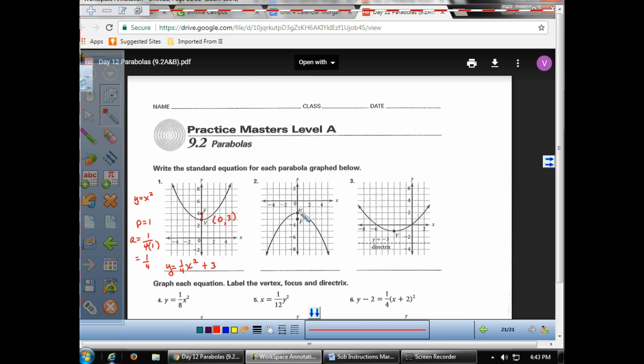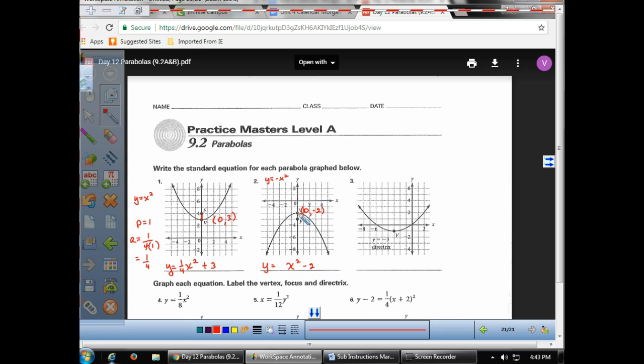Okay, the next one opens down, and the vertex is at (0, -2). And I know that it's going to be in the form y equals -x squared. So I'm just going to say y is equal to, and I'll come back and do the negative in just a second. And then I have x squared minus 2.